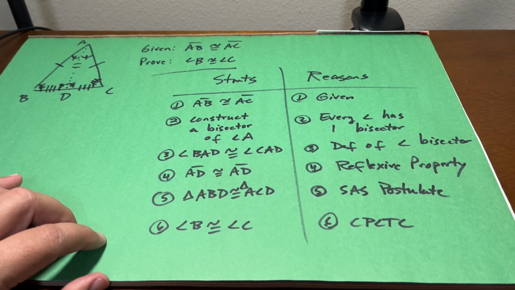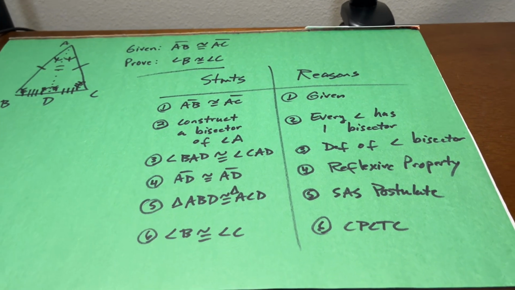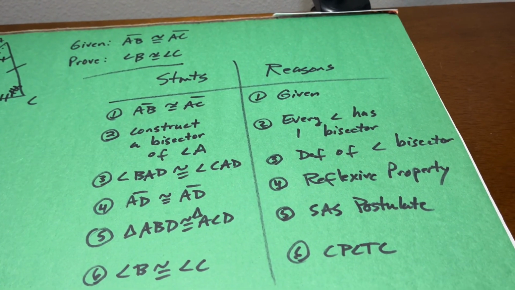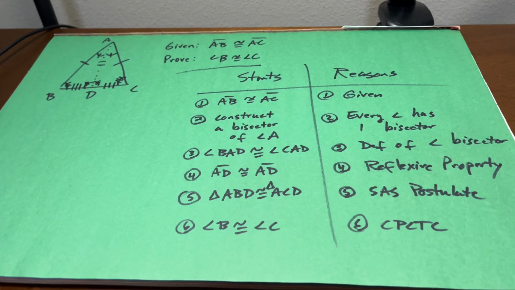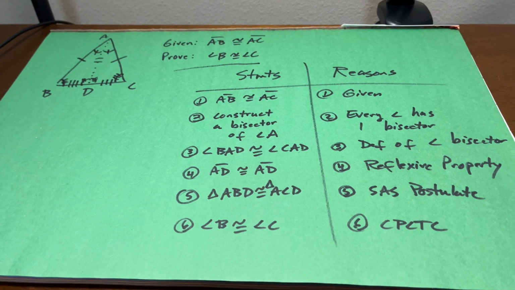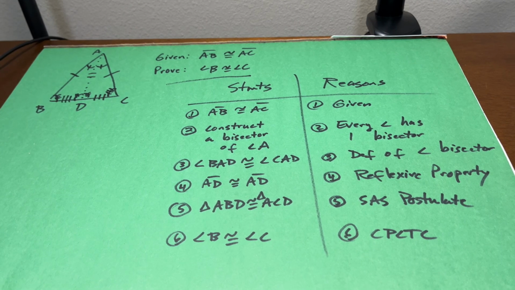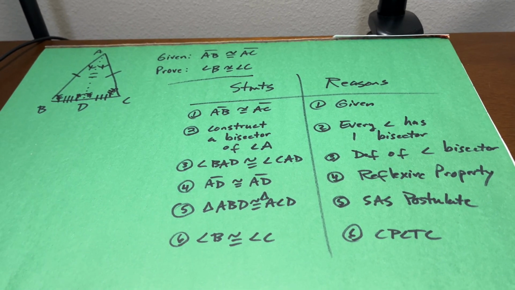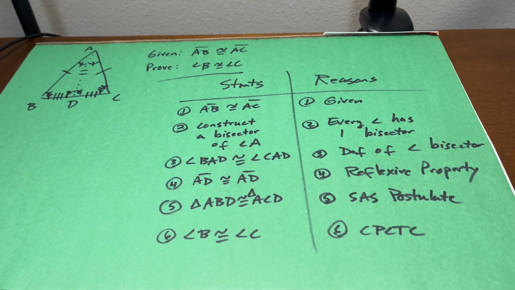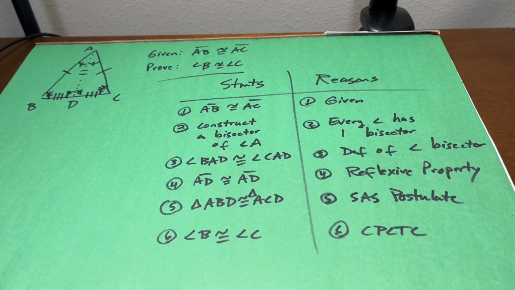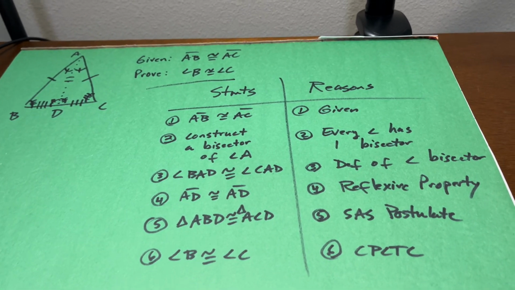When I was a high school student, I really struggled with this. It's gotten easier as I've gotten older. It's gotten easier as I've done a ton of examples, but man, I remember this being super difficult when I was in high school the first time I encountered this. So it really does take a lot of practice. Thankfully, I had a teacher that would let me come in after school and before school and ask questions, and he explained things over and over, and he was very patient with me.